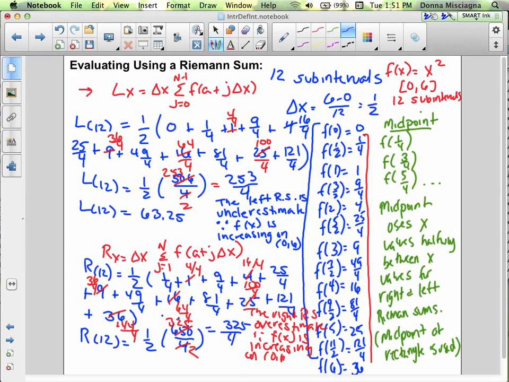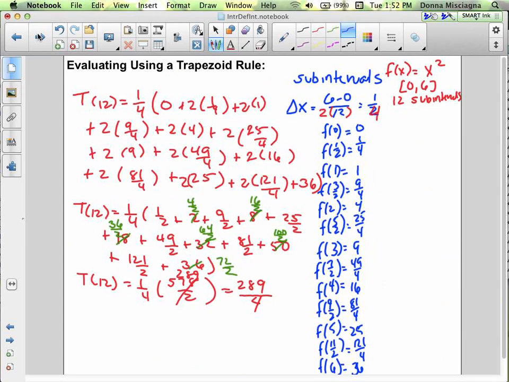The right Riemann sum was 81.25. So the 63.25 was the underestimate. The 81.25 is the overestimate. And this one here was 72.25. Of course, they were all divided by 4, I realized afterwards. And we could have still compared them without reducing. But you can see that one is in between.